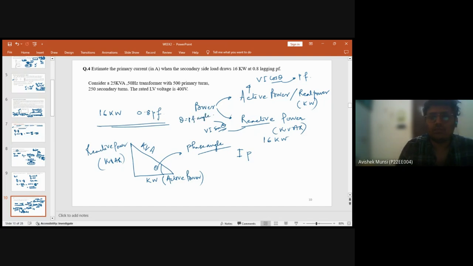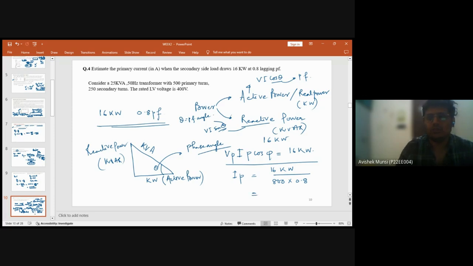So Vp Ip cos phi is given as 16 kilowatt, and we have to calculate Ip. We calculated Vp as 800, so it will be 16 kilowatt by 800 into 0.8.